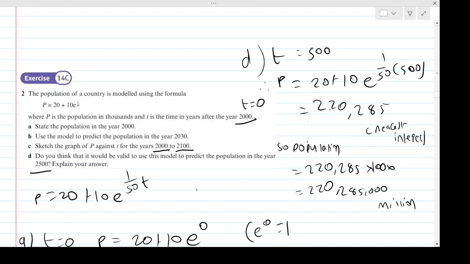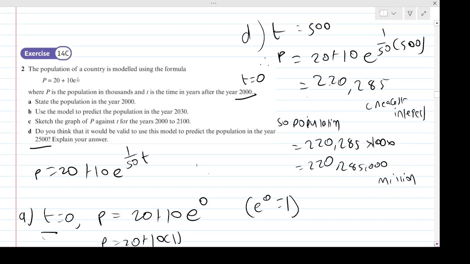Think about the UK. In 2025, I think our population is nearly 70 million over 2,000 years. Compare that with this country, where in 500 years apparently it's going to be a quarter of a billion. That's like quadruple the current numbers we have, which we've garnered over 2,000 years. So it's an unreasonable number is what I'm getting at. It's not really valid.